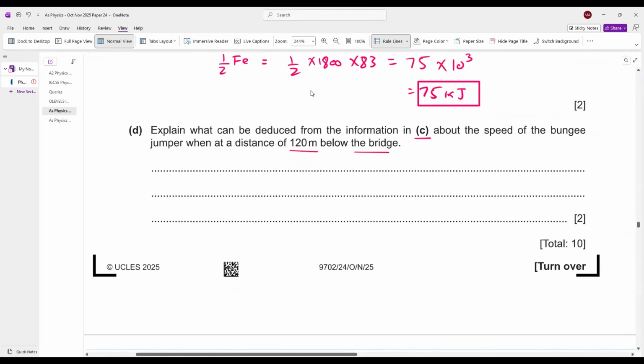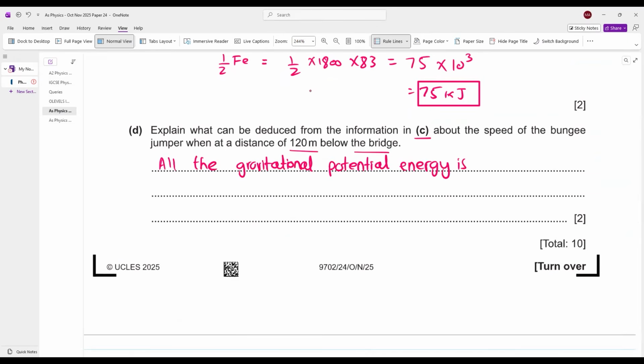You can say all the gravitational potential energy is converted into kinetic नहीं into elastic potential energy.